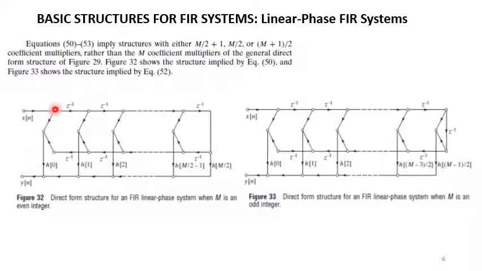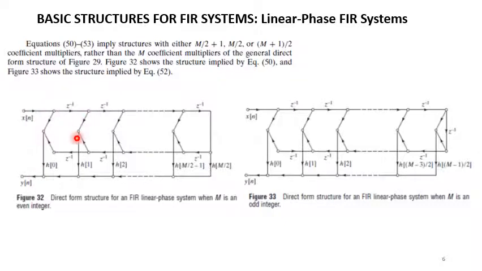So at this point we have, for example, h of 0. We are reducing the number of coefficients required by exploiting this property. At this point we have the coefficient h of m. Because h of m and h of 0 are the same, the signal here will just be added with the signal here. The original signal and the signal delayed by m units are added here, and then multiplied by h of 0.